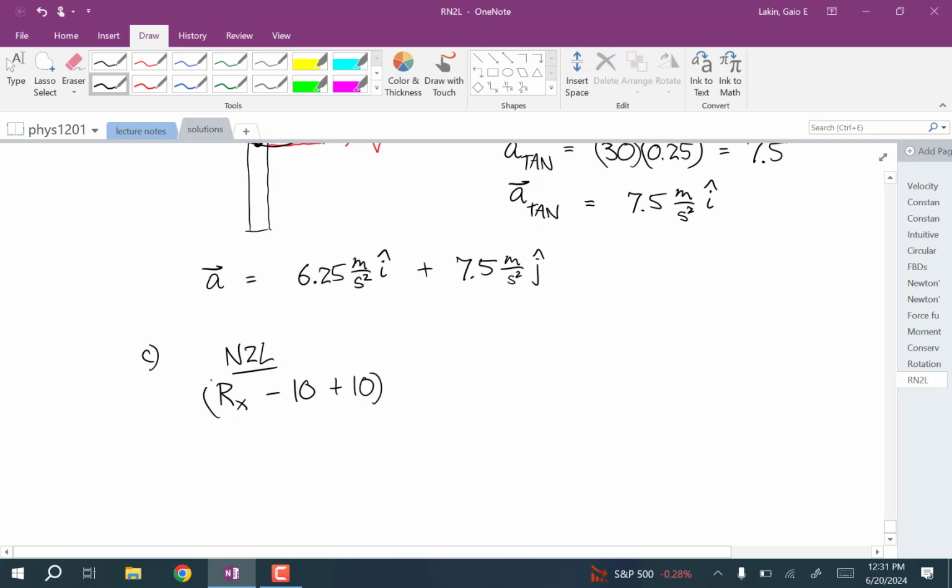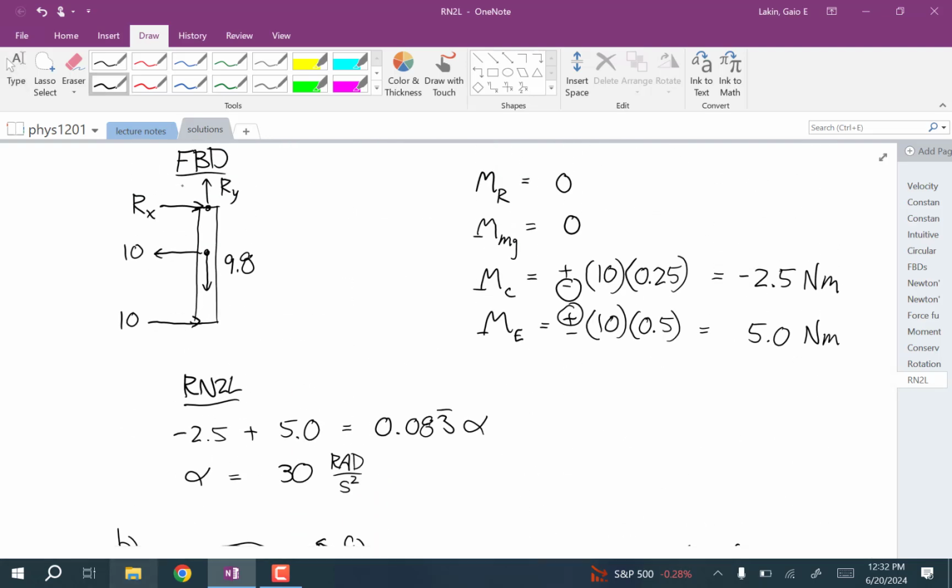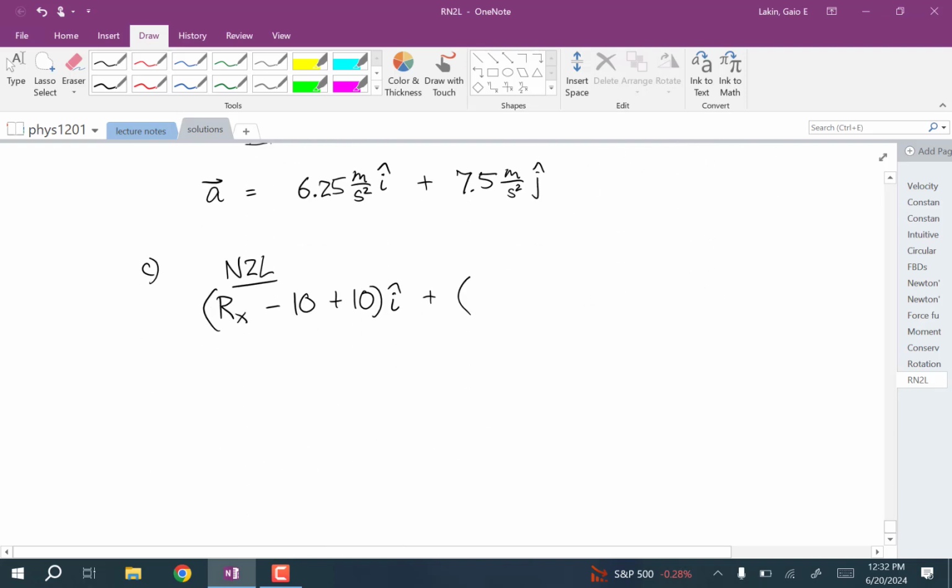So these are the forces in the i direction. You can see you have to use the signs in there, the directions. And then for the y forces, we have Ry minus 9.8.